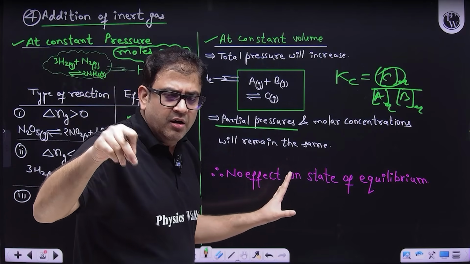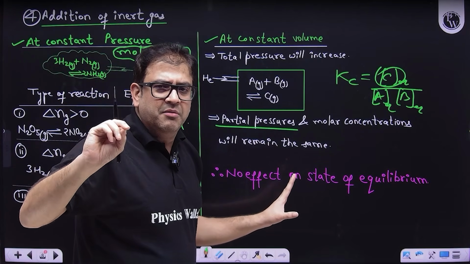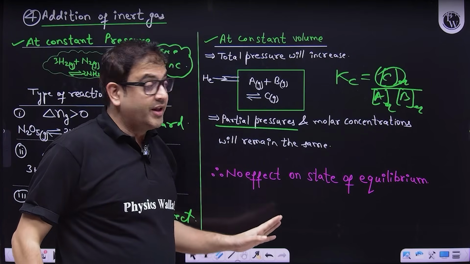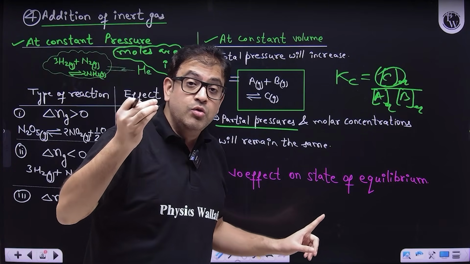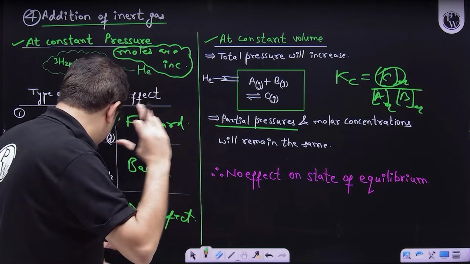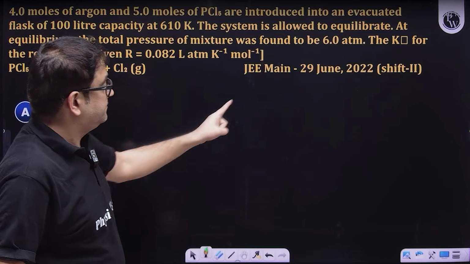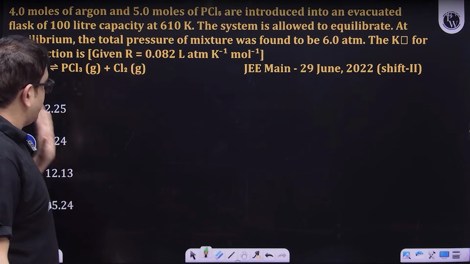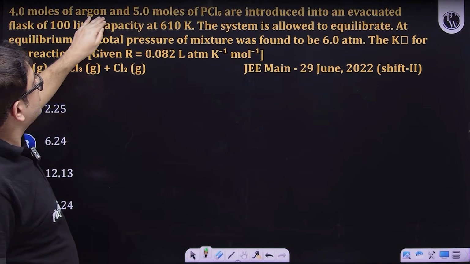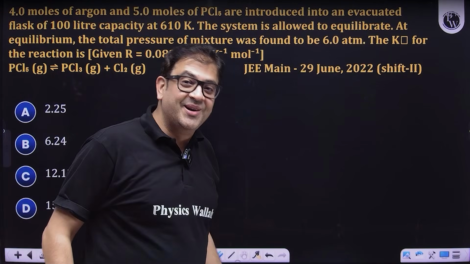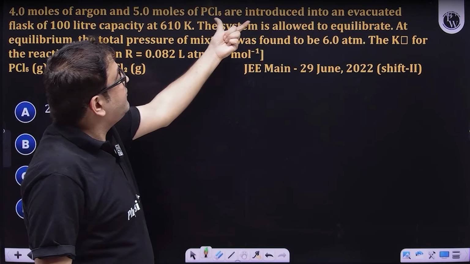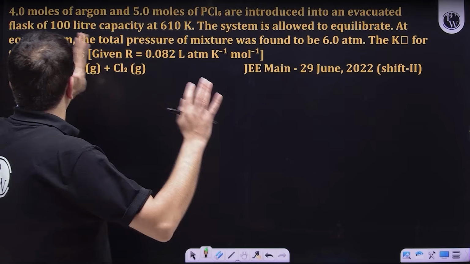The lesson sheet that I'll be giving for attempt will also have many questions on this. But I'm giving you a Mains question, JEE 2022, which just uses this idea. What does this question say? 4 moles of argon, which is also an inert gas, and 5 moles of PCl5 are introduced into an evacuated flask.